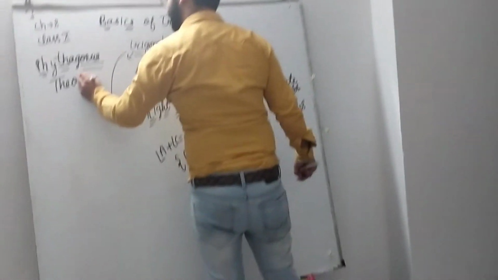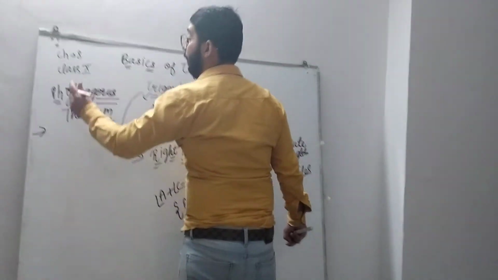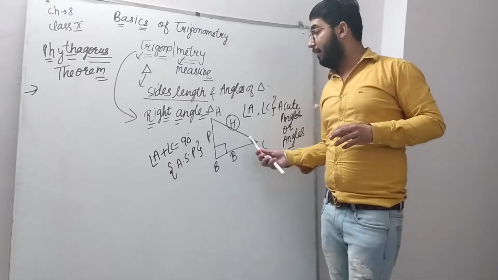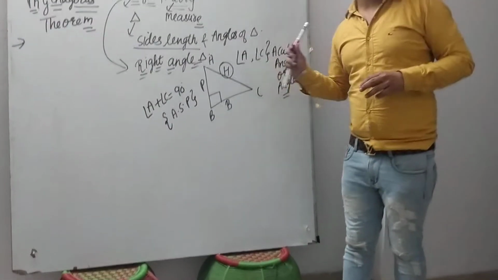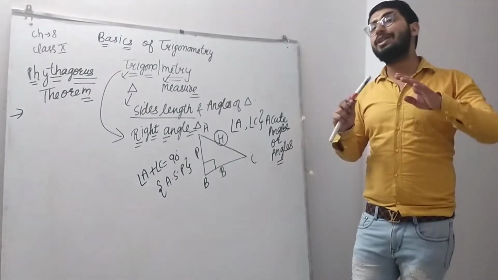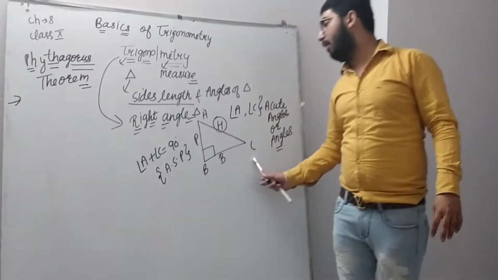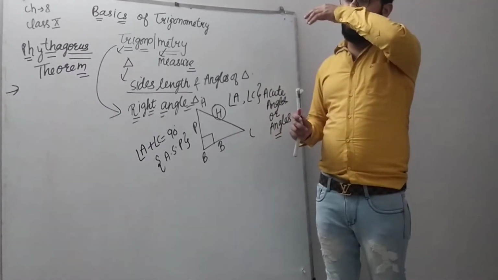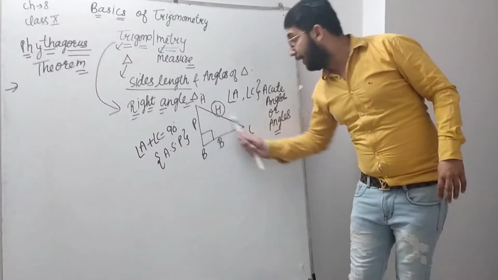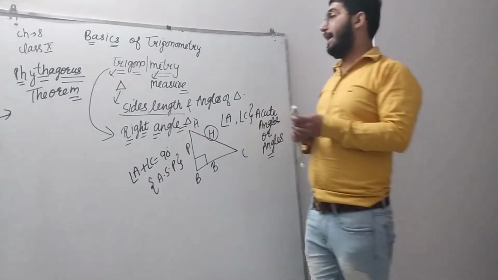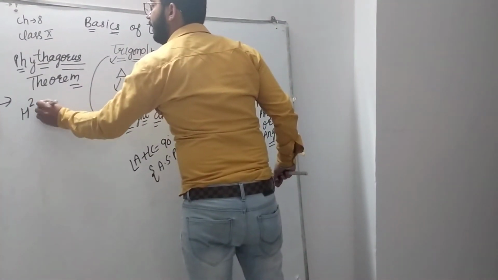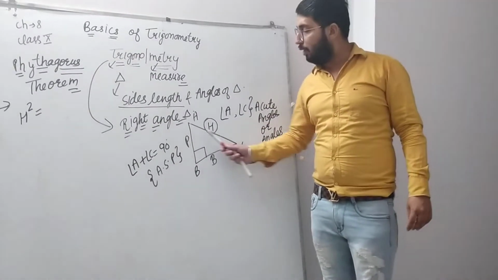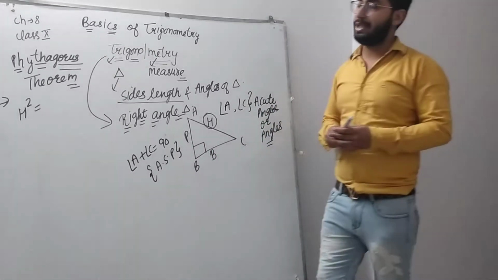What is the statement of the Pythagoras theorem? The Pythagoras theorem states that in any right angle triangle, the square of the longest side, that is the square of the hypotenuse, is equal to the sum of the squares of the remaining two sides.